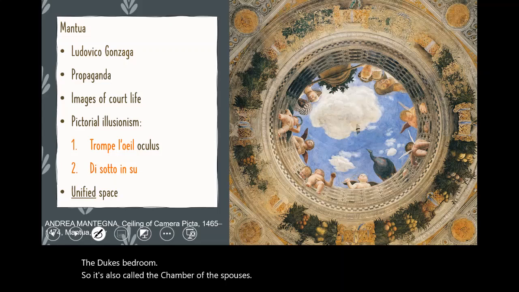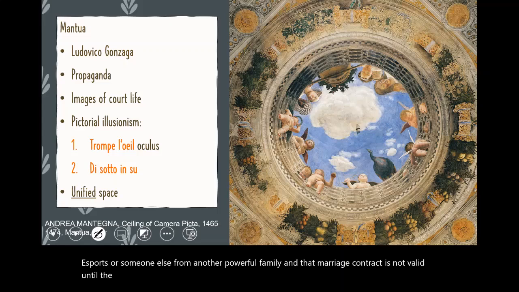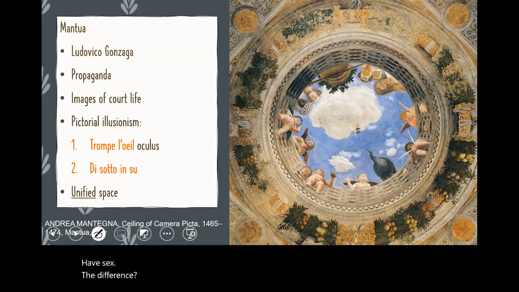So Ludovico Gonzaga, like Federico, would be bound to marry well, a Sforza or someone else from another powerful family. And that marriage contract is not valid until the wedding night, when husband and wife have sex. The difference between today's traditions and Renaissance traditions is that often for dukes, this was not completely private.